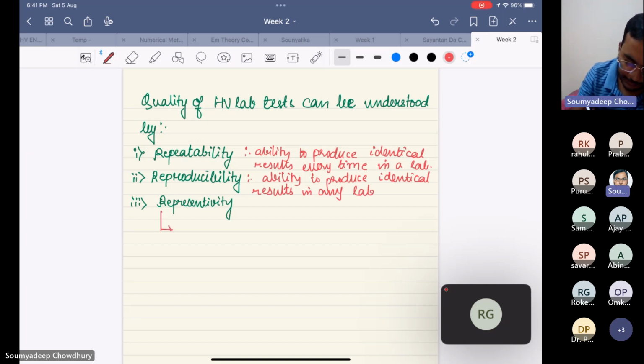So you understood the difference between repeatability and reproducibility, right? Your experiment should be performed in at least 2 or 3 different labs, and it should give you identical results.